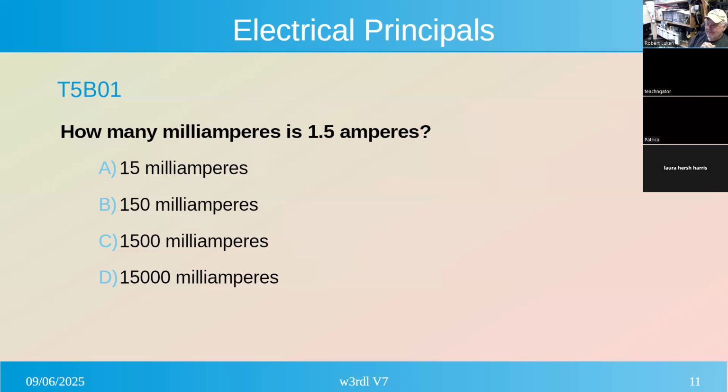You'd multiply it by 10 to the third. Okay, so that means you add zeros. There's 1,000 milliamperes in an amp, or 10 to the third milliamperes in an amp. So you move the decimal point over to the left. To the right. Which is it, left or right?